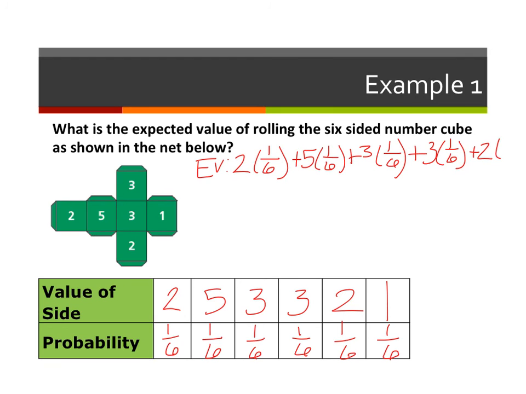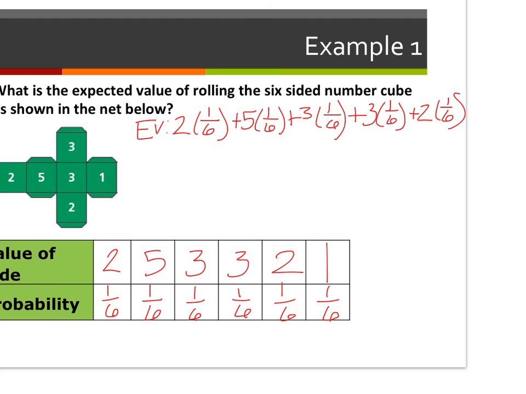Then plus 2 times 1/6, and on the very end, plus 1 times 1/6. Multiplying these all out, we end up with 2 over 6 plus 5 over 6 plus 3 over 6 plus 3 over 6 plus 2 over 6 plus 1 over 6.